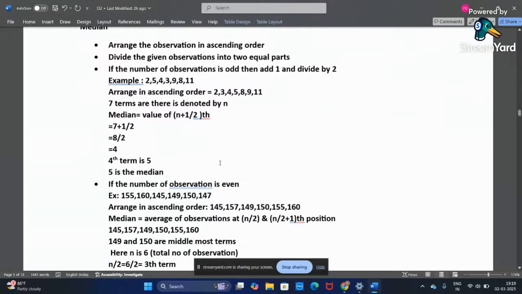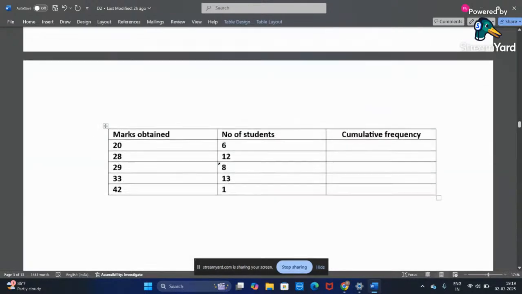Okay, we'll go on to solve the problem. Cumulative frequency is where you add this number with the previous number. This is the first number, so you write it as 6. Then 6 plus 12, how much?